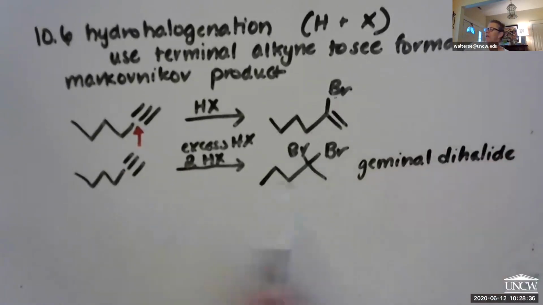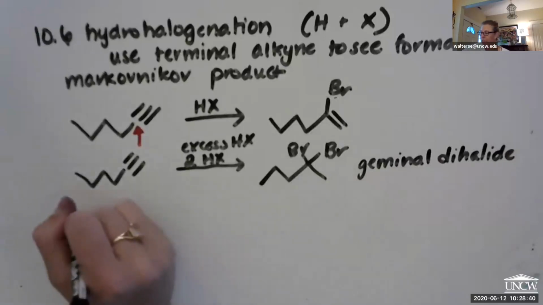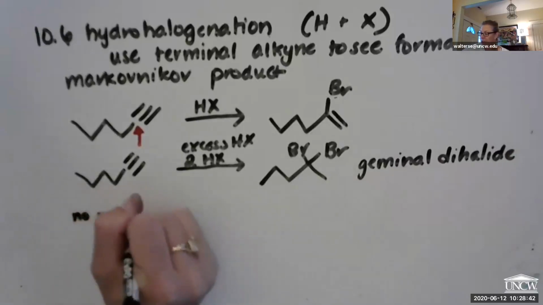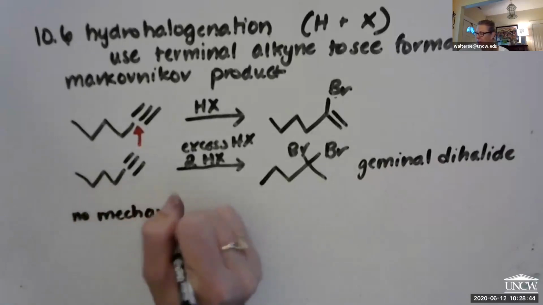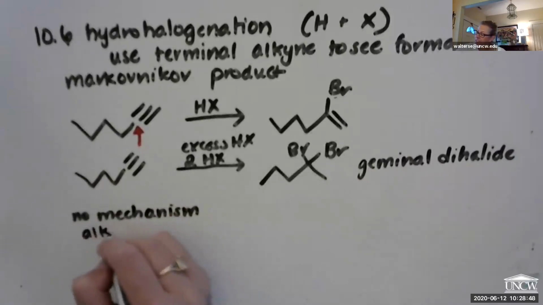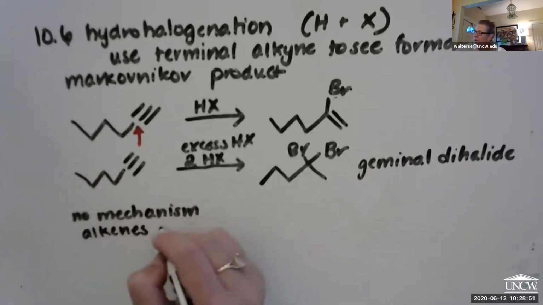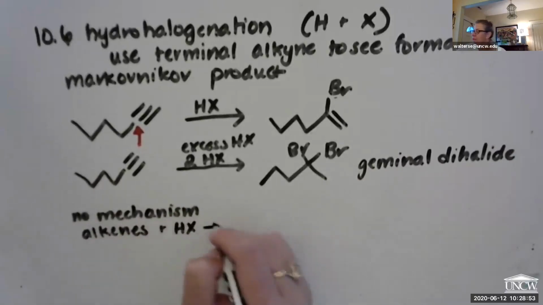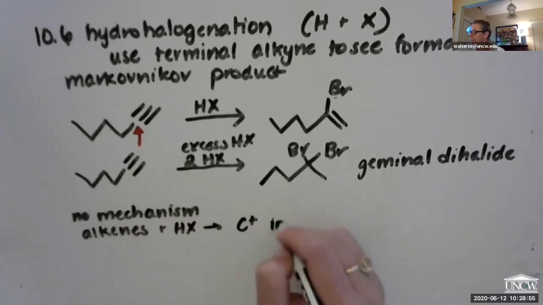So even though this adds by Markovnikov addition, the mechanism is not well understood. Because remember, in alkenes, with HX, they go through a carbocation intermediate.